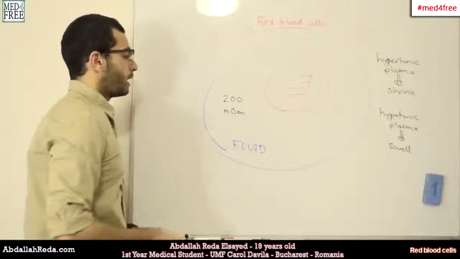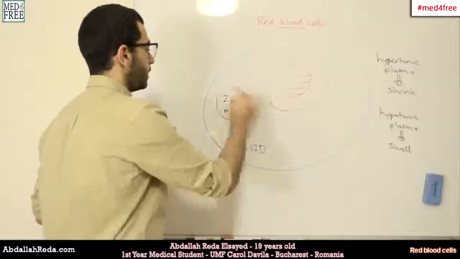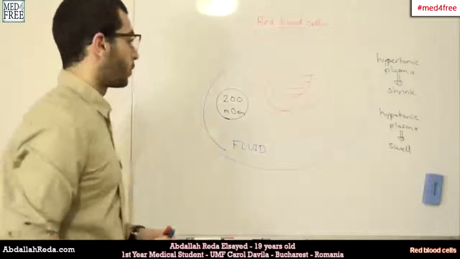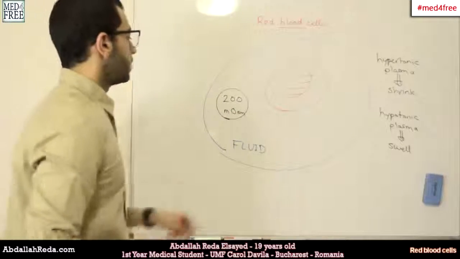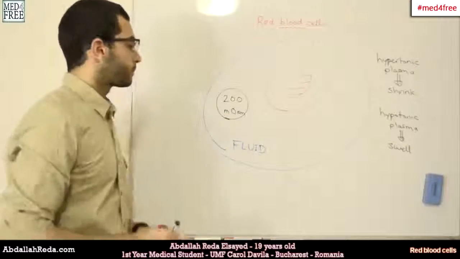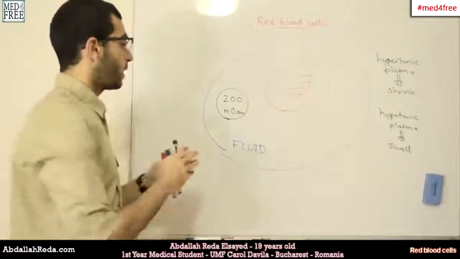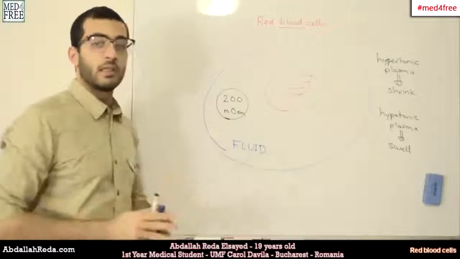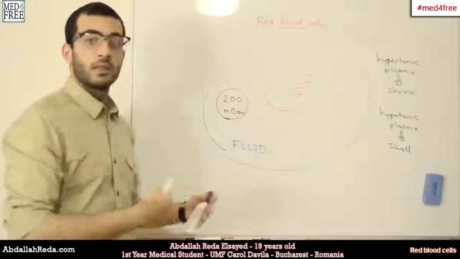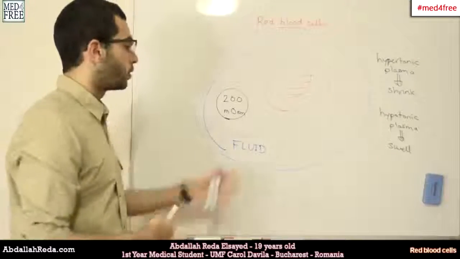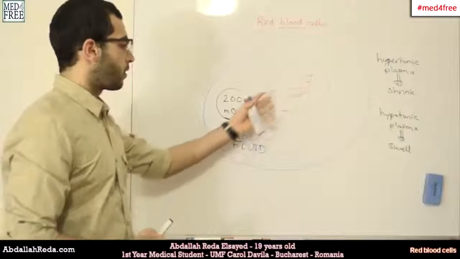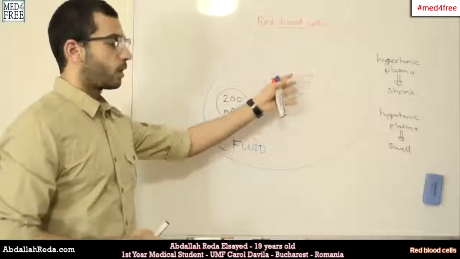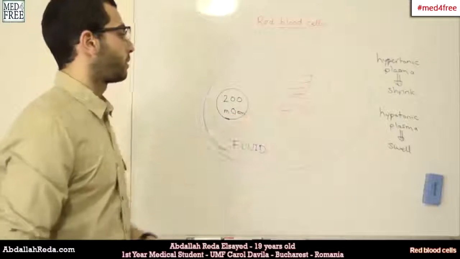So here we have to mention a very important fact. This is the effective osmolarity. And by effective we mean that this is the osmolarity that affects the fluid exchange between the two compartments that we have here, the plasma and the fluid inside the red blood cell.